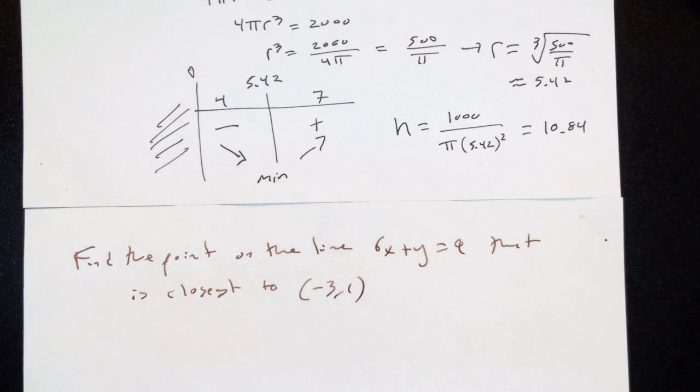This problem sounds absolutely stupid. Here's a line. Find the point on the line closest to the point -3, 1. Solving this problem is the beginning foundation of data analysis.